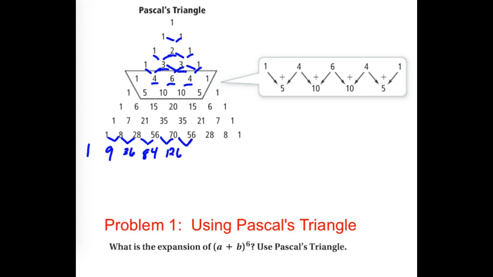And what do we get here? Another 126. That gets me 84, 36, and 9. And then we end with a 1. Yes? Do you see the symmetry within the row? Right? Forward and backwards, they're the same. So if you know the first half of the row, you can get the second half of the row.